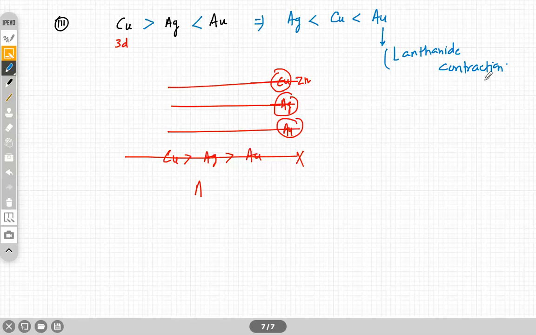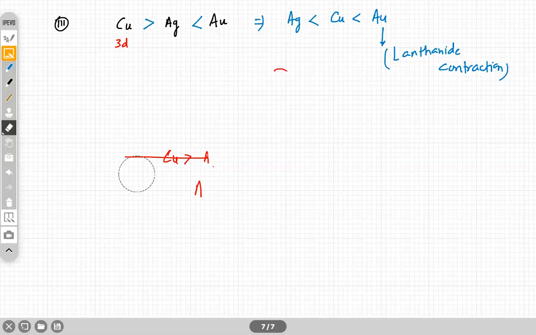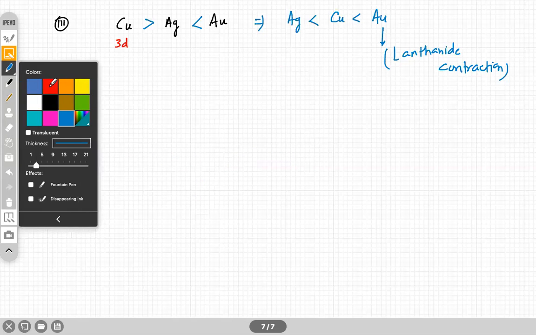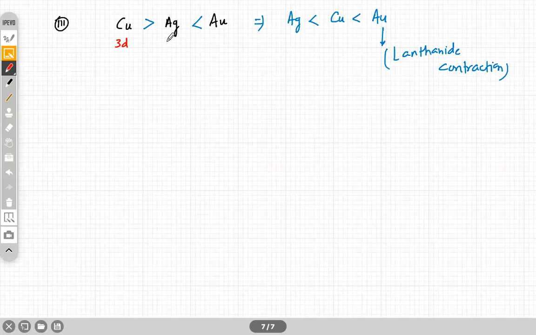Got it? Copper is more than Ag, so this order you must remember. This is 3D, this is 4D, and this is 5D series.